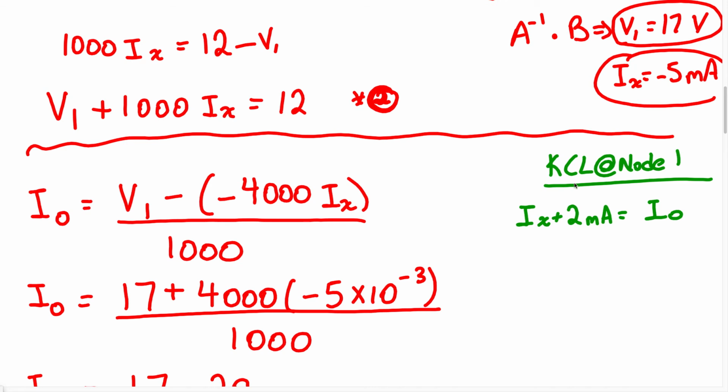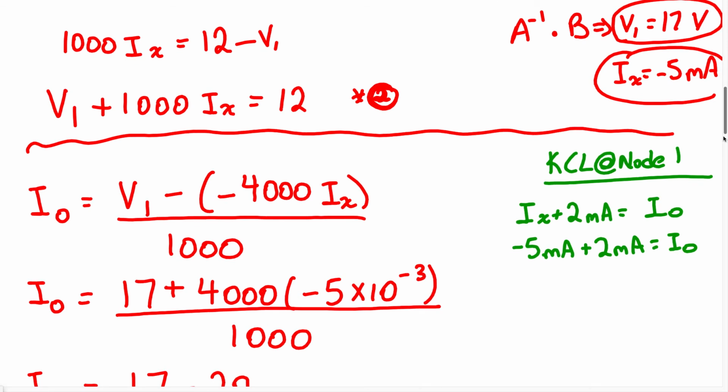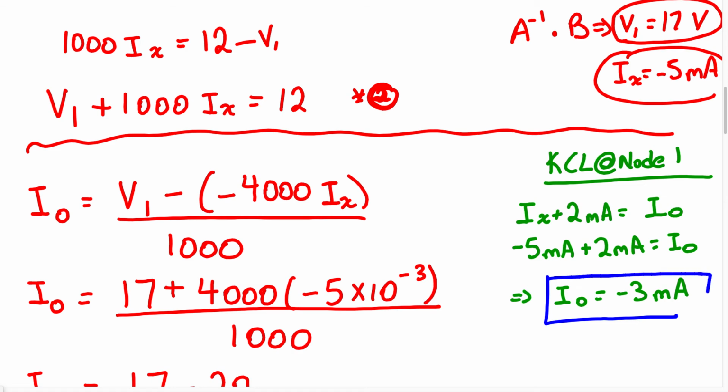Now when we solve for this, we know IX is negative 5 milliamps, so I can say negative 5 milliamps plus 2 milliamps equals the current IO. When you solve for this, IO equals negative 3 milliamps. Okay, so this is our answer. So this was another way you could have solved this problem.